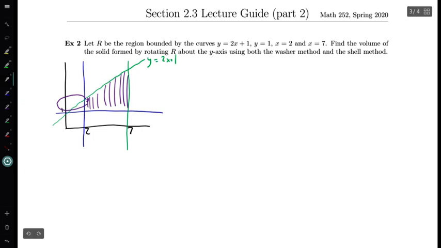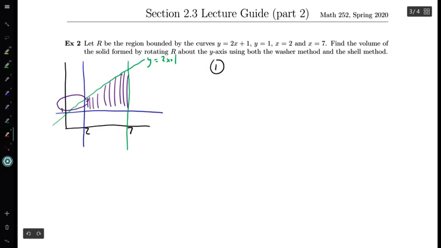If we first want to think about which variable we would prefer to integrate with respect to when we're just taking the area of this, well, these vertical lines that I've drawn are pretty nice because the upper bound on the vertical line is always this green curve here, y equals 2x plus 1, and the lower bound is always this blue curve here at y equals 1.